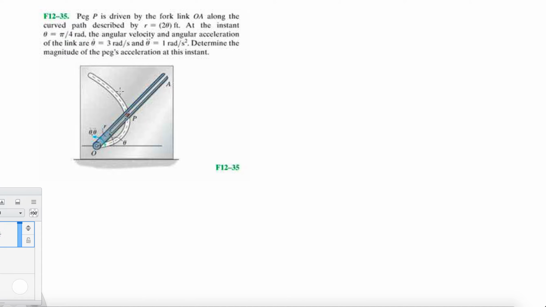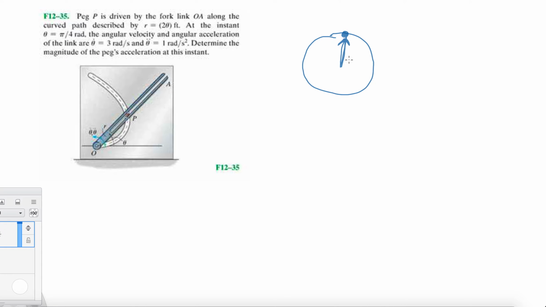Before we get started, you might be noticing in some problems why sometimes R doesn't change. Let's say you're moving in a circle, and you have a particle here. Let's assume this is a circle.